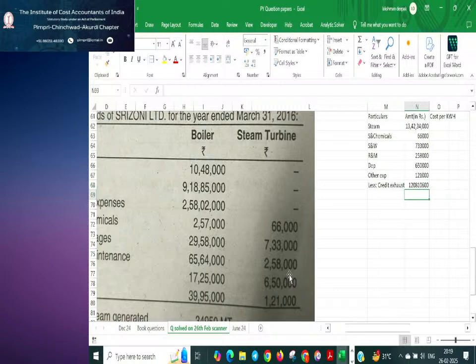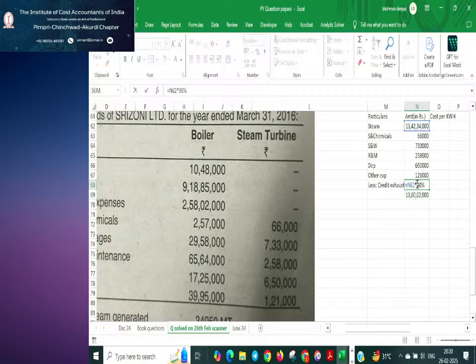So what is the cost of power used in alcohol? Sum of all these things comes to 13,62,000, correct?